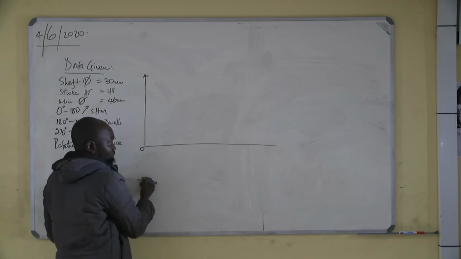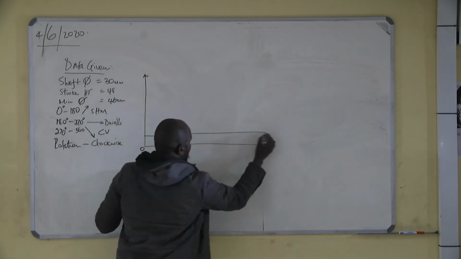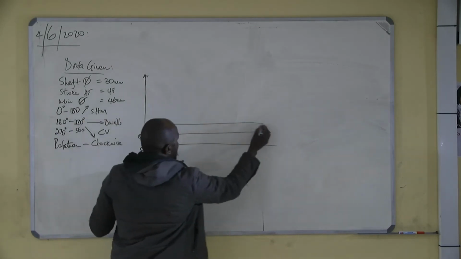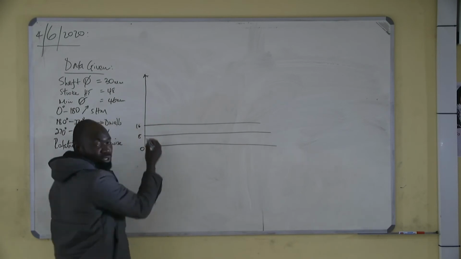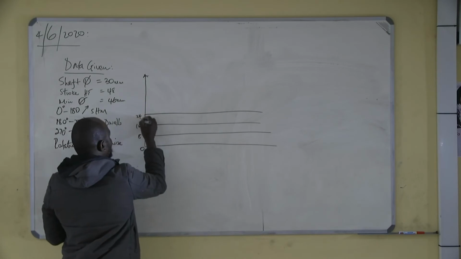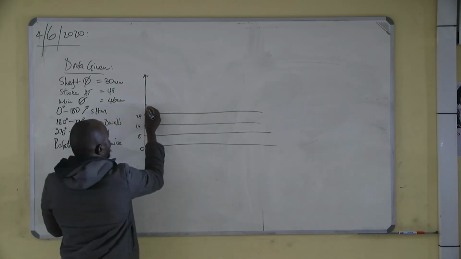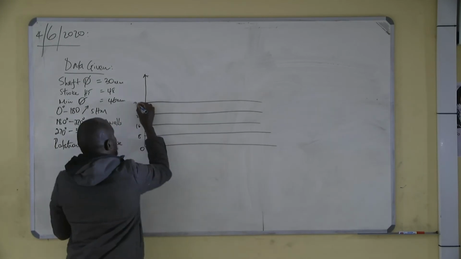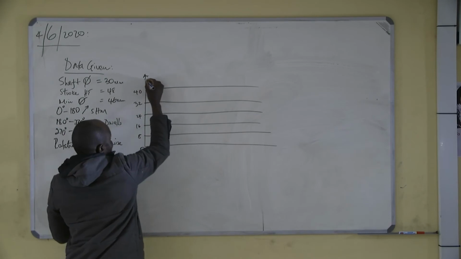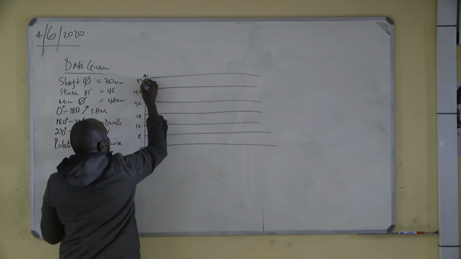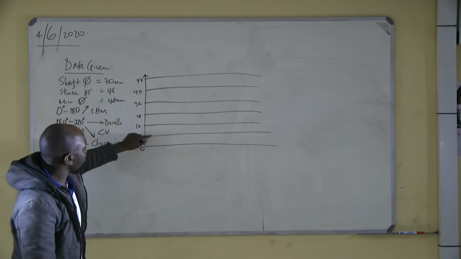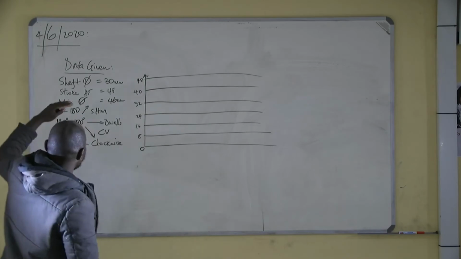So we'll have our 0, then 8, 16, 24, 32, 40, and 48. So on the vertical, we divide that height into 6 sections: 1, 2, 3, 4, 5, 6.